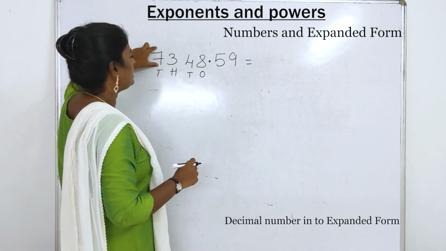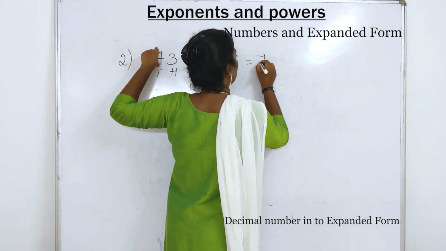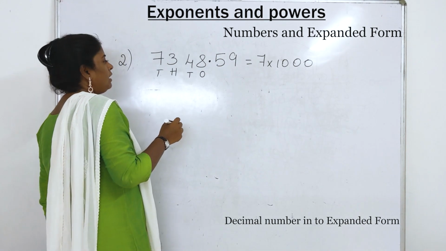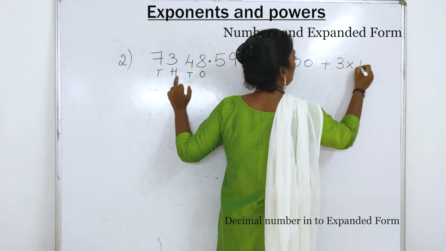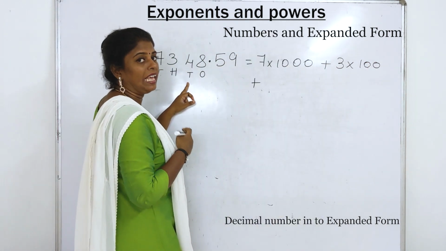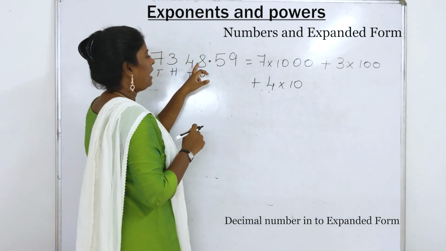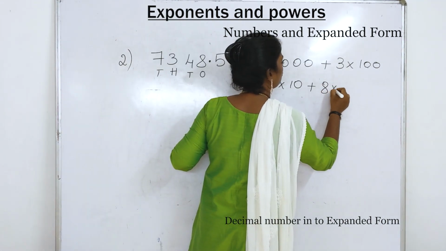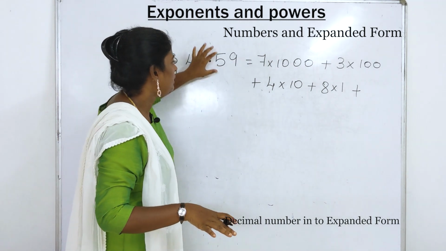So 7 is in the thousands place. So 7 into 1000. Next 3 is in the hundreds place, plus 3 into 100, plus 4 is in the tens place, 4 into 10, plus 8 is in the ones place, 8 into 1, plus, now look at the digit that comes after the decimal point.